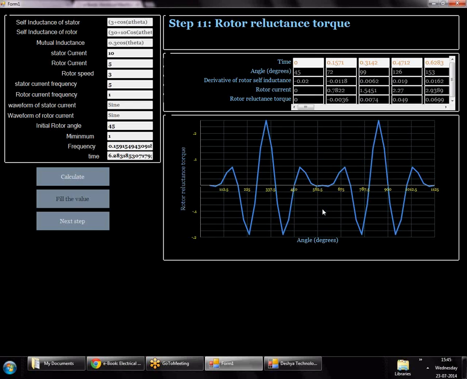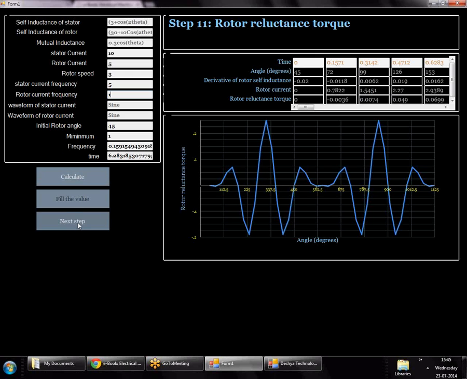So my average reluctance torque due to the rotor is also 0, and this is due to the fact that my rotor speed is 3 radians per second, whereas the rotor current is 1 radian per second. So the rotor speed is not equal to rotor current frequency, and hence my average reluctance torque due to rotor is also 0.